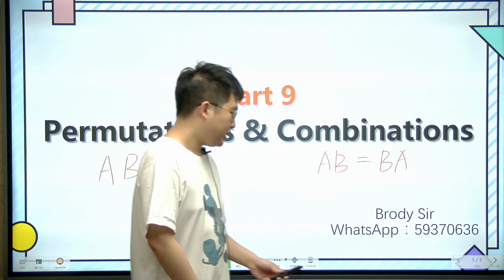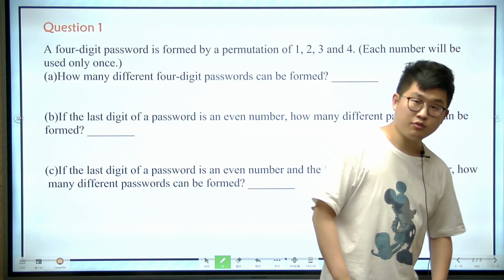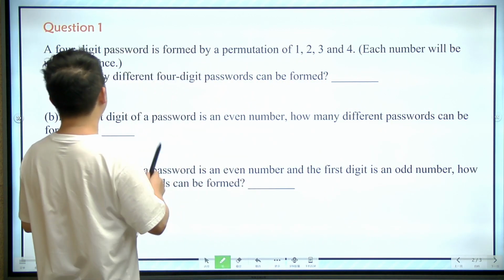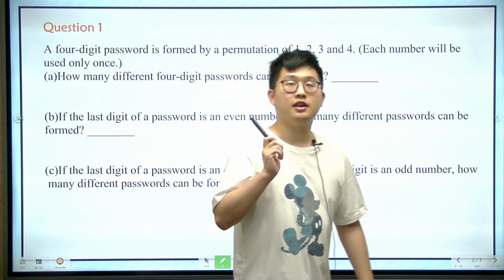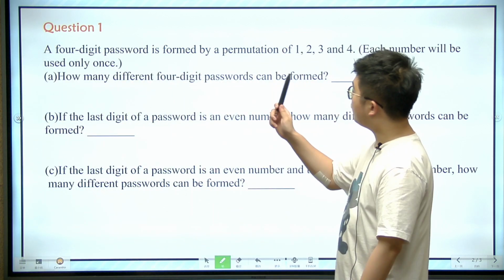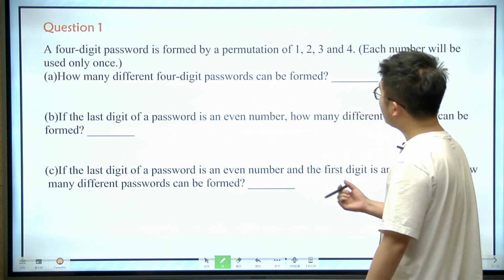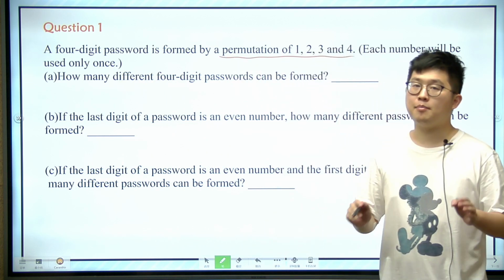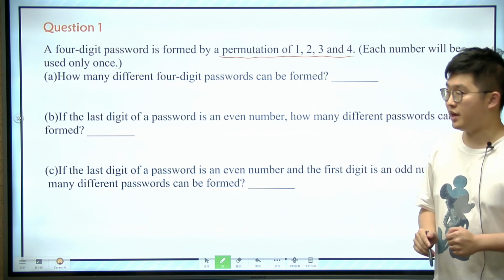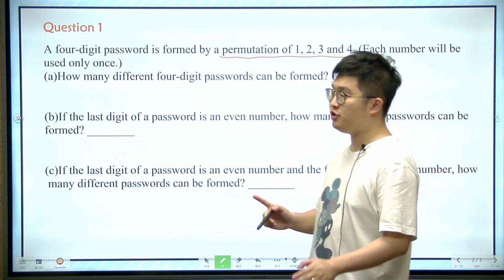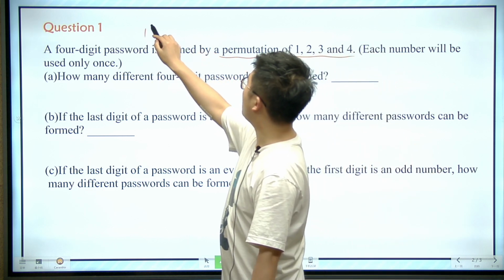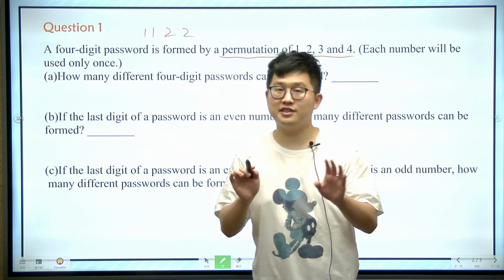So let's see today's questions. We have two questions, but there are a lot of little questions here. The first is a 4-digit password formed by a permutation of 1, 2, 3, and 4. Each number will be used only once, which means a password such as 1122 should not exist.